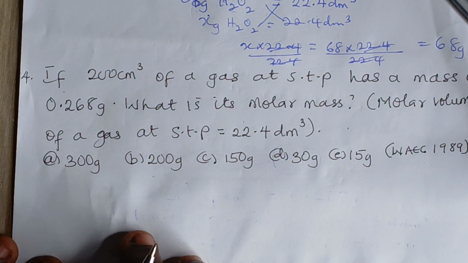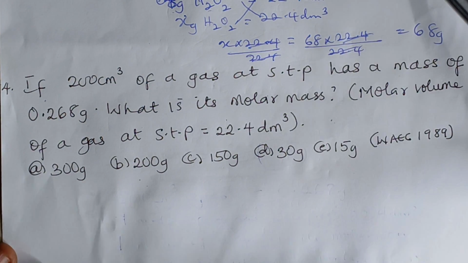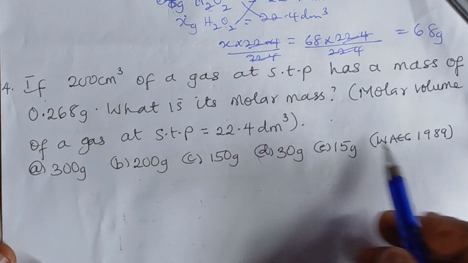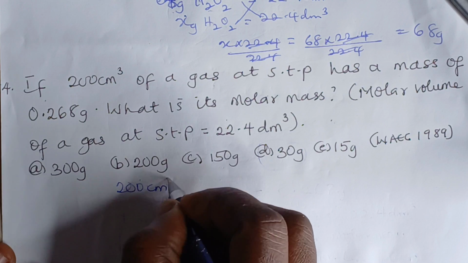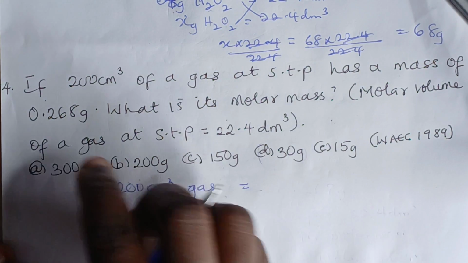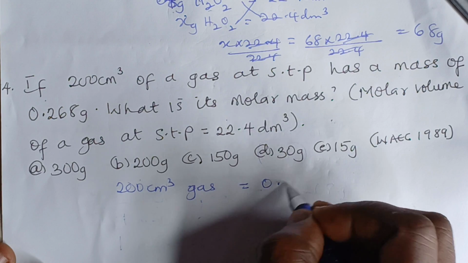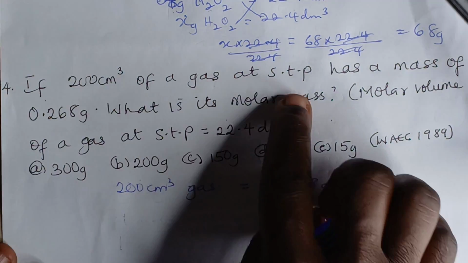That is, 1 mole of a gas occupies a volume of 22.4 dm cube. So 200 will occupy what? So from this question, we have volume and mass. So 200 cm cube of a gas here has a mass of 0.268 gram. We want to know the molar mass.